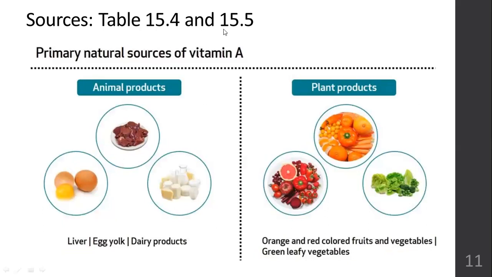So natural sources of vitamin A: animal products, animal liver, chicken liver, lamb liver, any liver product, egg yolks, and dairy products are great sources of vitamin A in the form of retinol. Plant sources: all red, yellow, orange, and leafy greens.